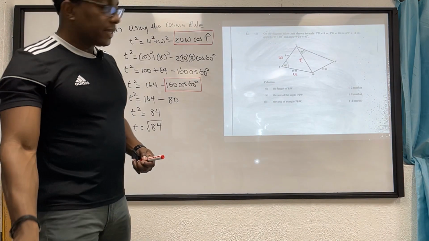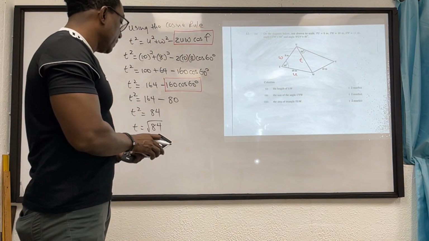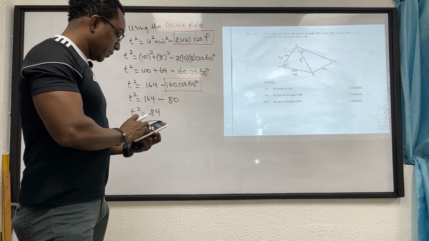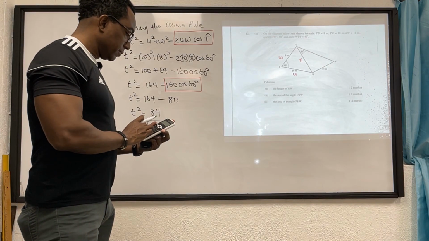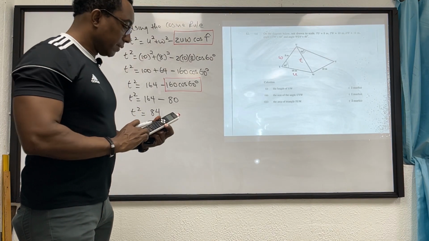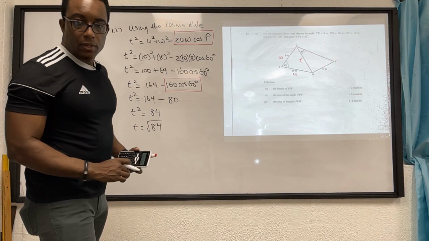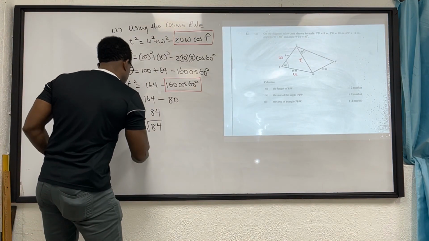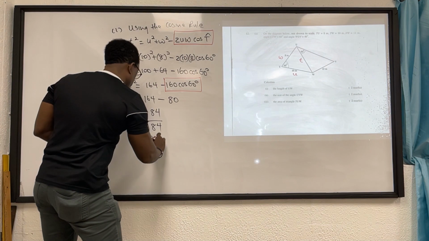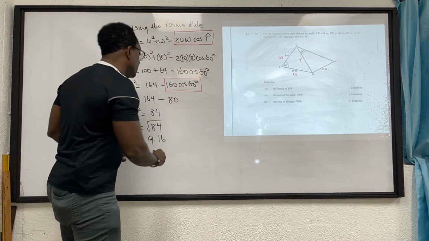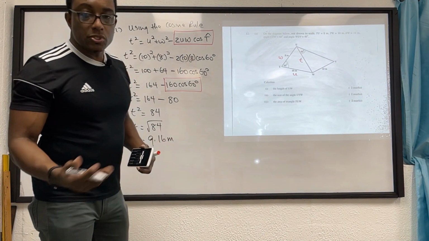We can go to our calculators, and the square root of 84 will give us 9.16. So T is equal to 9.16 meters. And we can approximate to the nearest whole.